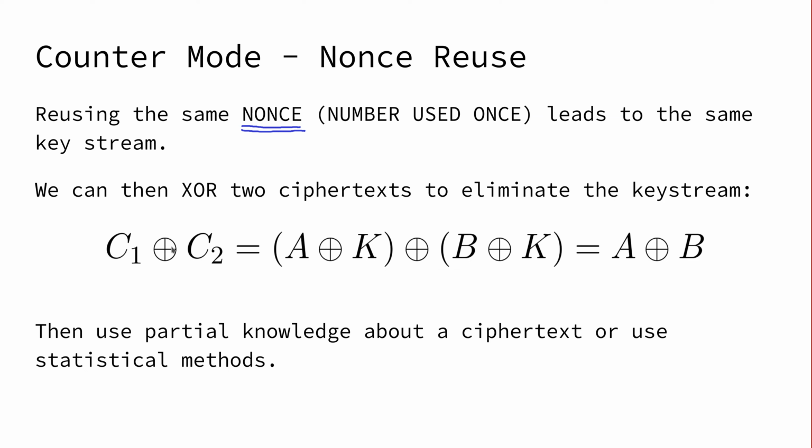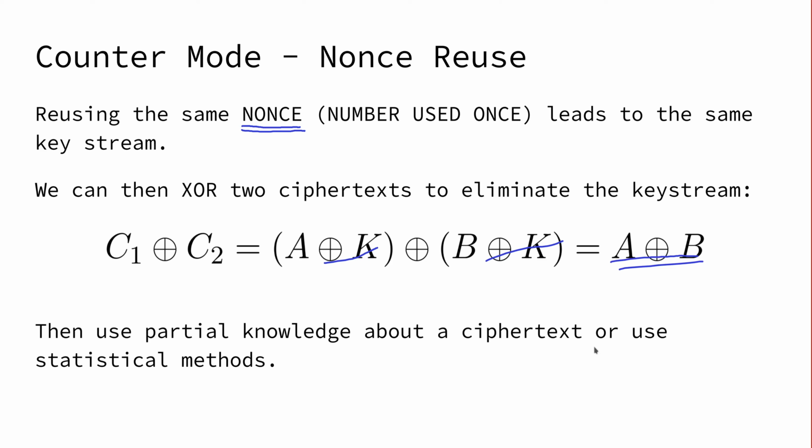And then if we would get our hands on two ciphertexts, we could just XOR them with each other, and the key streams would eliminate each other, and then we would have the XOR of the two plain texts.